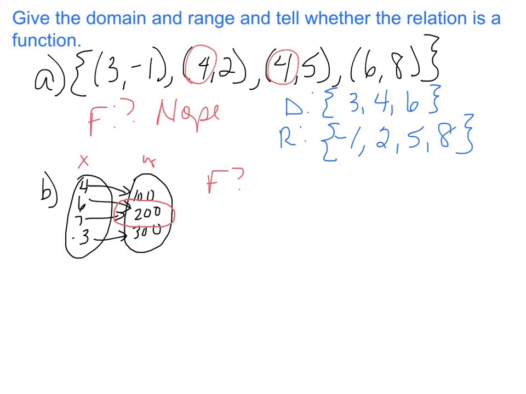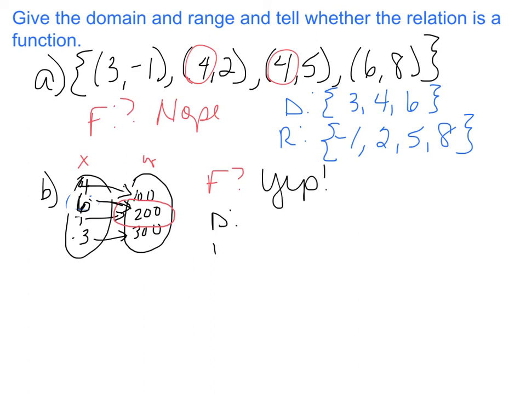Yeah, I would have like 6 also goes to 100. If it repeats in the x's, that is what makes it not a function. Okay, cool. But that's not the case for me here. So I'm going to get rid of that arrow. All right, and we still just have my 6 going to the 200 and the 4 goes to the 100. Okay, good. So function, yep.